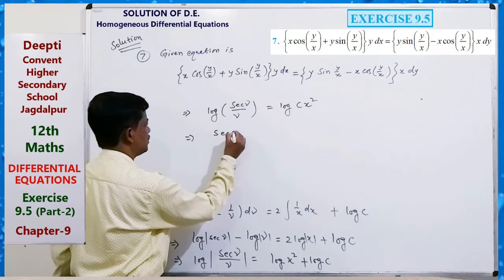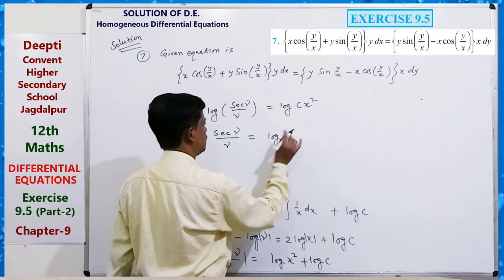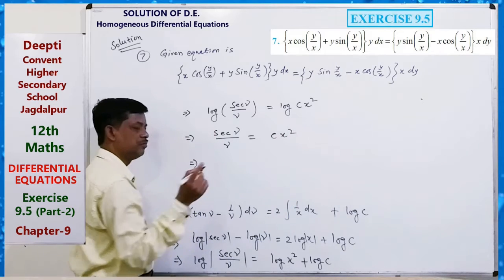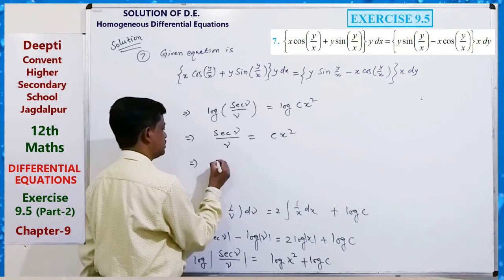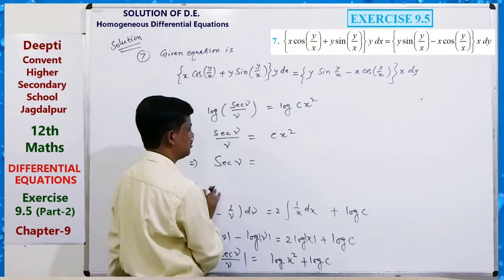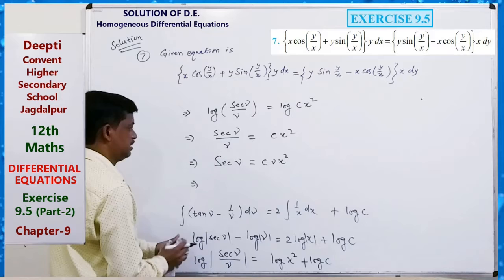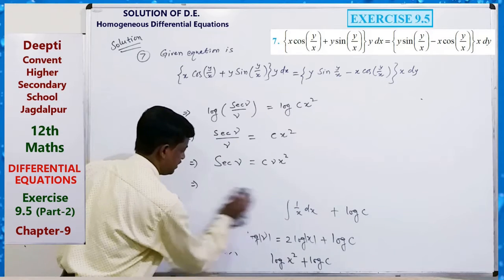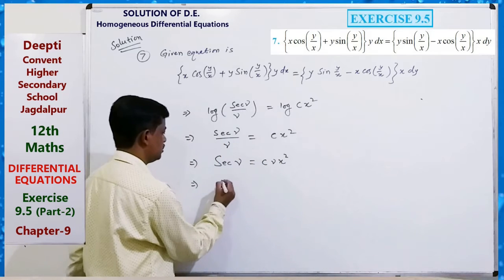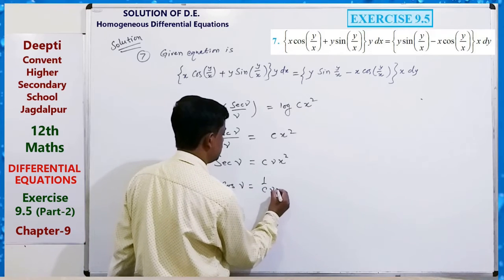Implies sec v upon v equals c x square. Now putting v equals y by x, and writing sec as 1 upon cos, we get cos v equals 1 upon c v x square.